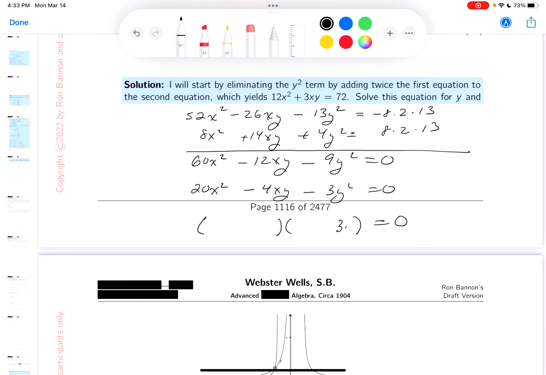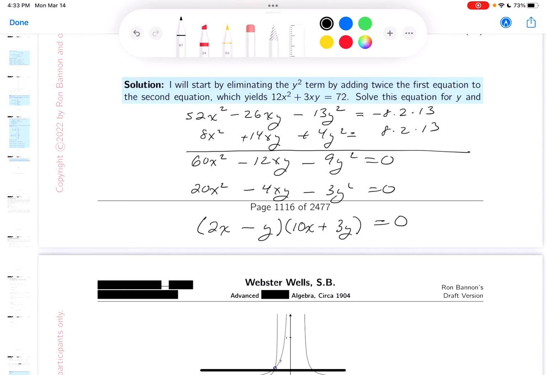Let's see, 3y and y, that's about the only choice for that. Let's see, 2x, 10x. I want to see if they're getting close here. It's 20x squared certainly, and 3y squared in the end certainly. 6 and 10 differ by 4. This looks like a good choice then.